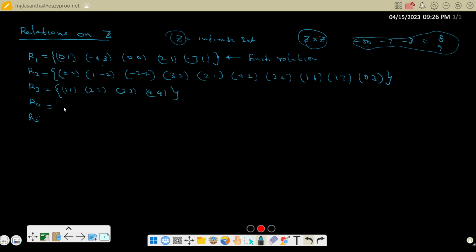R4: (2, 4), (4, 8), (8, 16), (16, 32), like that.